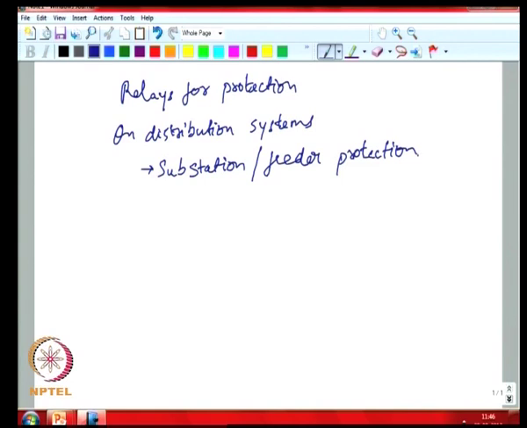At the substation level, you could have large loads where the cost of the load may be quite significant. So, you might have special relays for load protection, like large machines, transformers, large equipment.